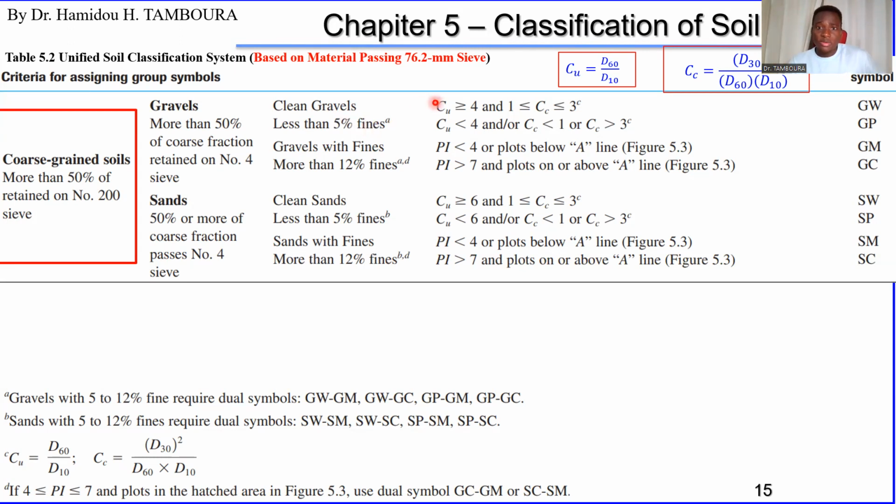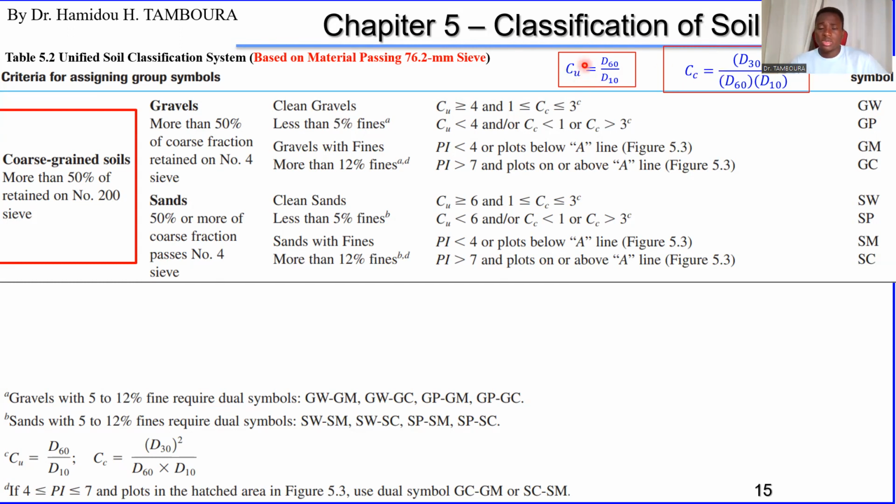So if you have the coefficient of uniformity and the coefficient of curvature, these two coefficients, if you don't remember what they are, I recommend you check chapter number 4 and chapter number 2.